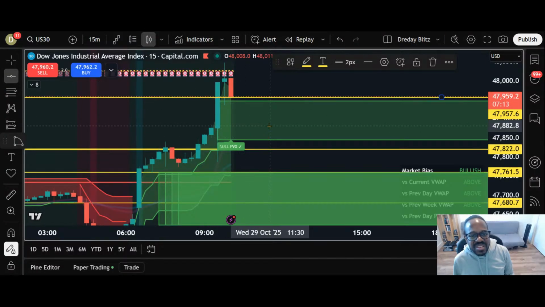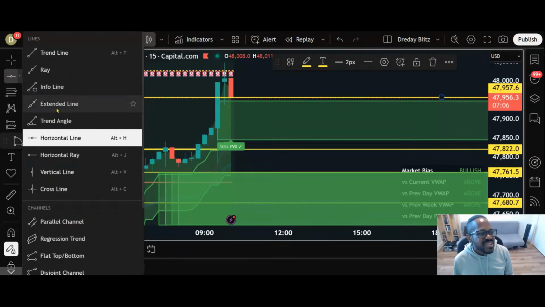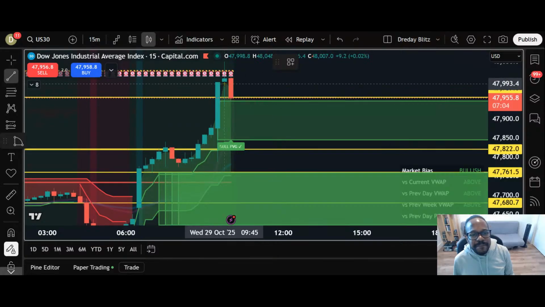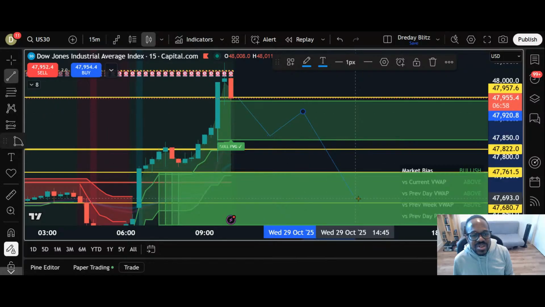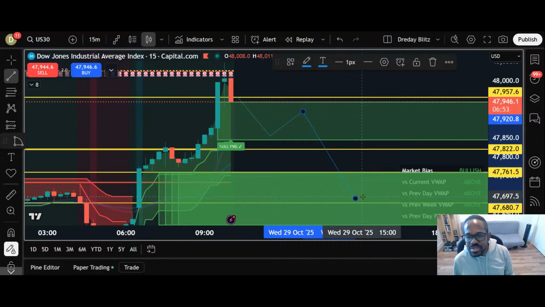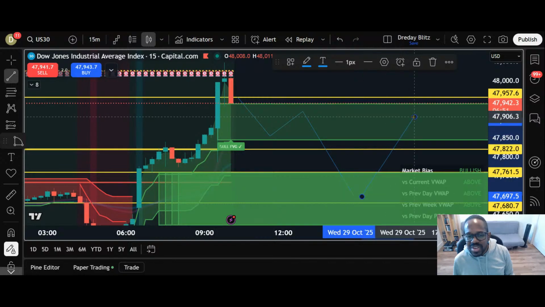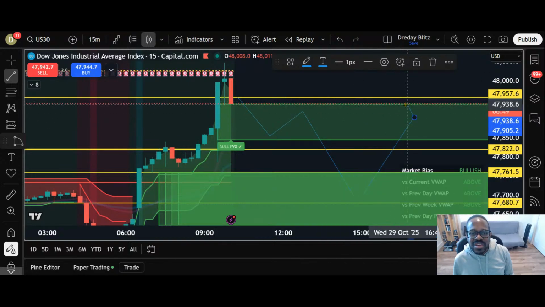So expecting to go lower, maybe retrace a little bit, then go down, and then maybe bounce off of that FVG towards the upside after that to create a higher low.